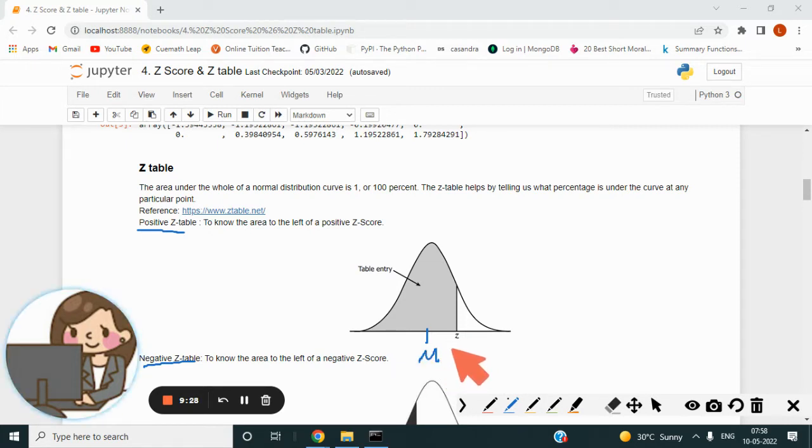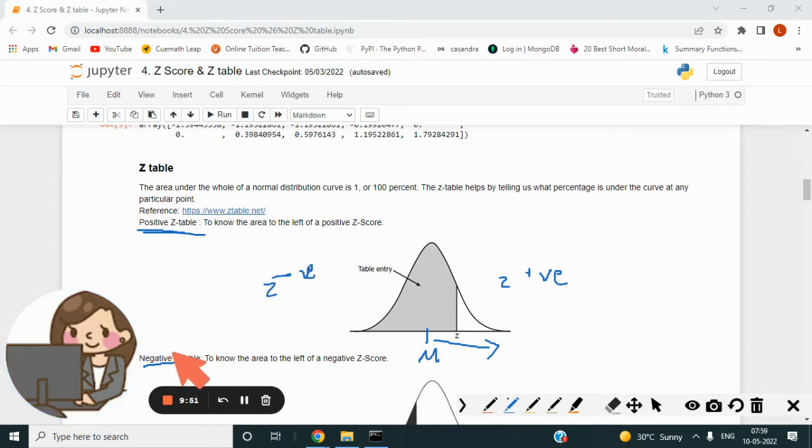To know the area to the left, when z is positive, you look into the positive z-table, and when z is negative, you look into the negative z-table.